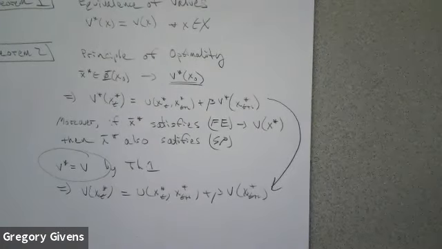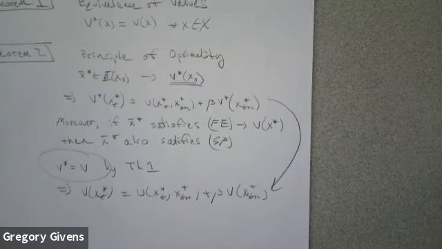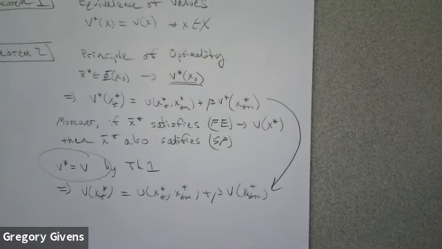Okay, but there's one more condition that's going to be necessary to fully characterize the solution to these infinite horizon optimization problems. And it's what's sometimes characterized as a boundary condition at infinity, more formally known as the transversality condition.